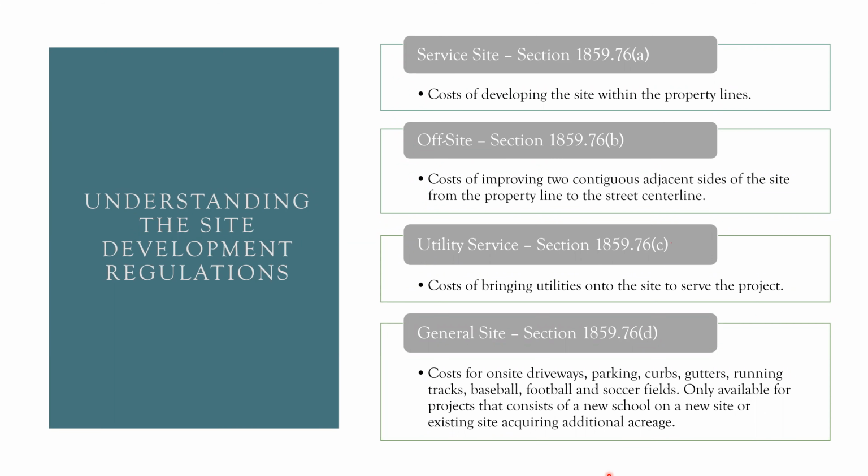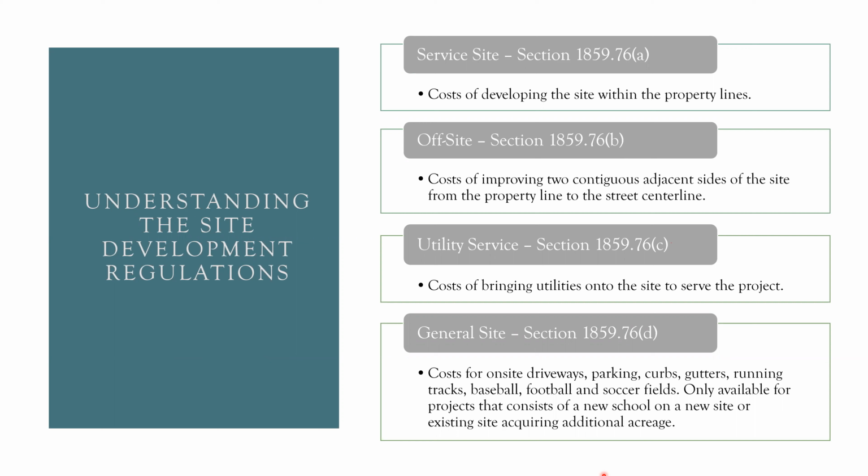For offsite, it's section 1859.76b, which talks about costs of improving 2 contiguous adjacent sides of the site from the property line to the street center line. For utility service is section 1859.76c, which talks about the cost of bringing the utilities onto the site.